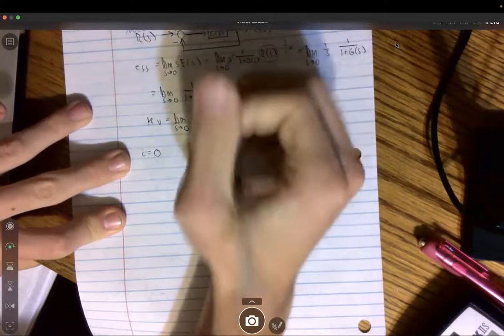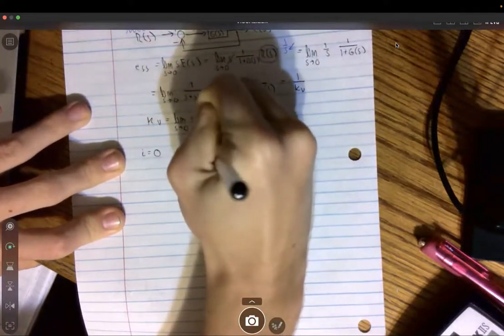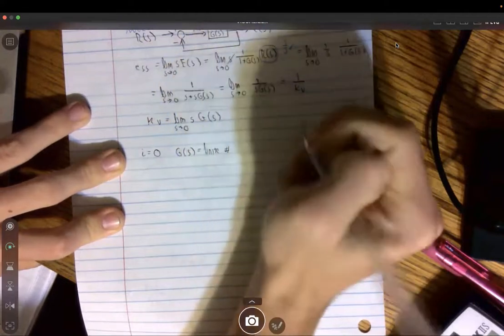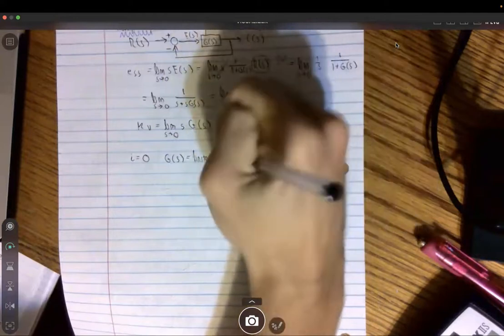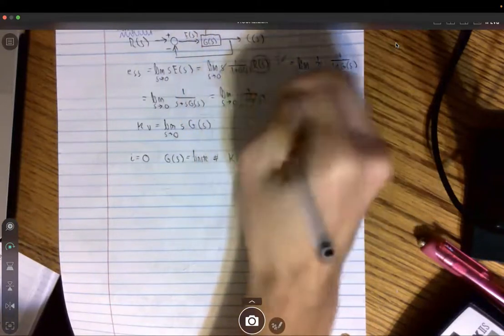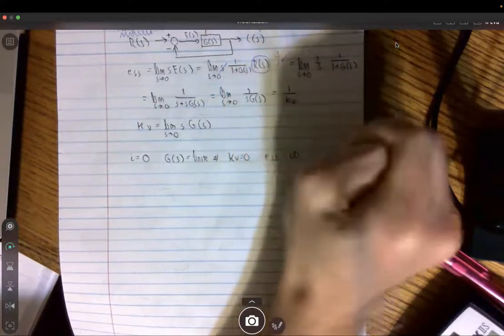There's no 1 over S. Then our KV would just be 0, right? So KV equals 0, and then 1 divided by 0, your steady state error is going to equal infinity.